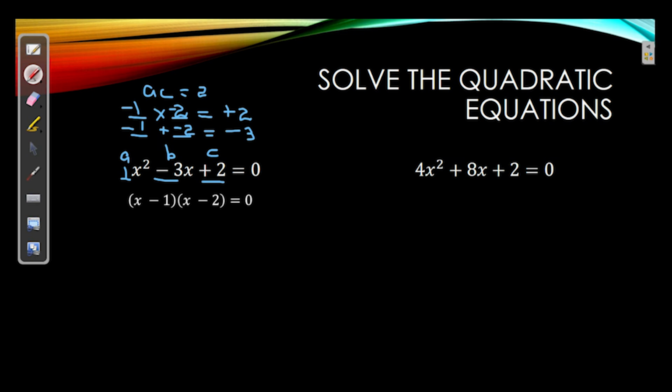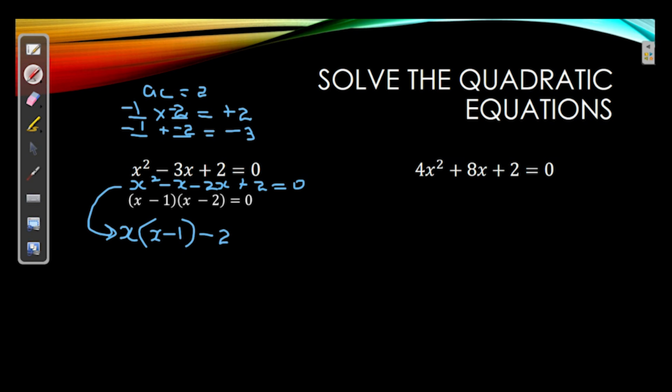Okay, and once we do that, we break up our middle term into the sum of -1 and -2. And from here you can see that you have a common factor of x between the first two terms. So I'm just skipping down a line to demonstrate, and we'll have x into x minus 1. So you've seen that first factor already. And then between -2 and +2, we'll have a common factor of -2.